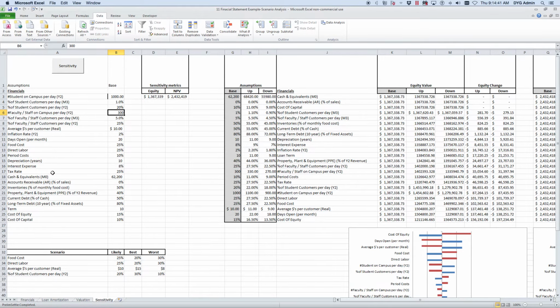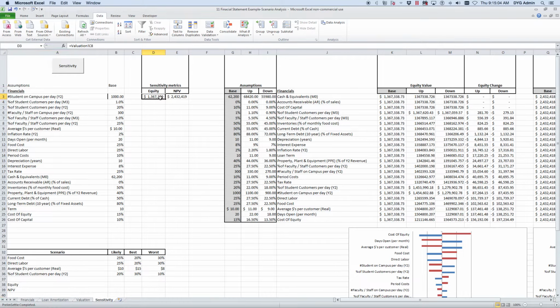We could then run the best case, and so we would put in 20%. Well, let me track those scenario values first. So we'll put equity, NPV.